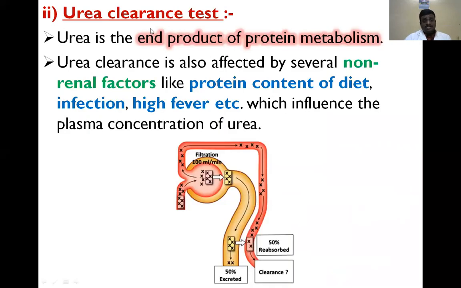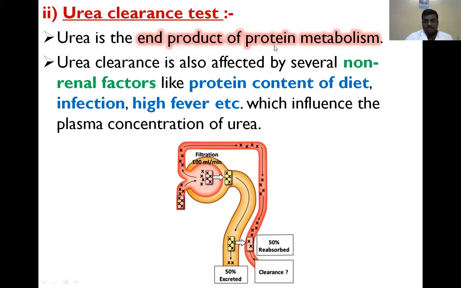Next one is urea clearance. Compared to creatinine, urea is not as good an indicator of kidney function, because creatinine is completely eliminated by the tubules, but urea is not. Some amount of urea is reabsorbed in the tubules. First of all, we need to know what urea is.